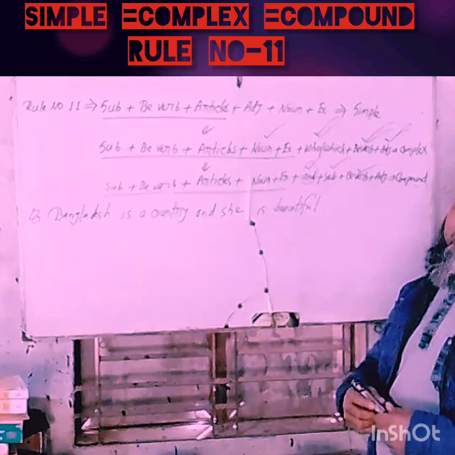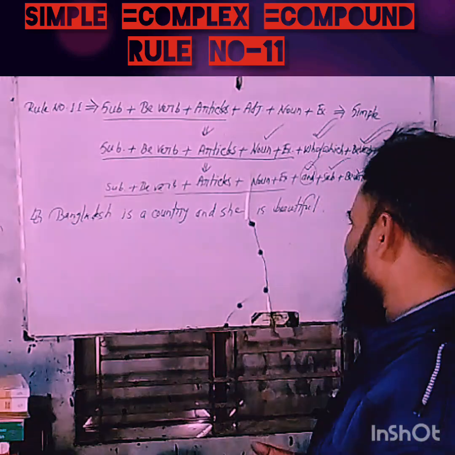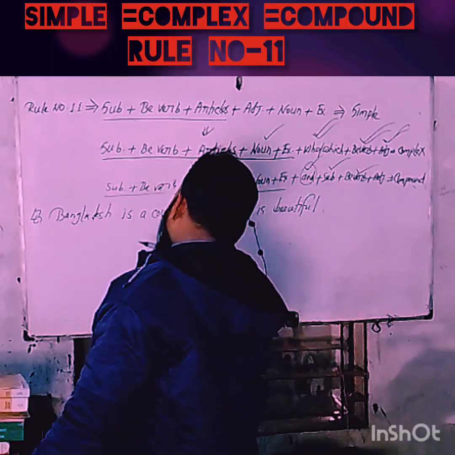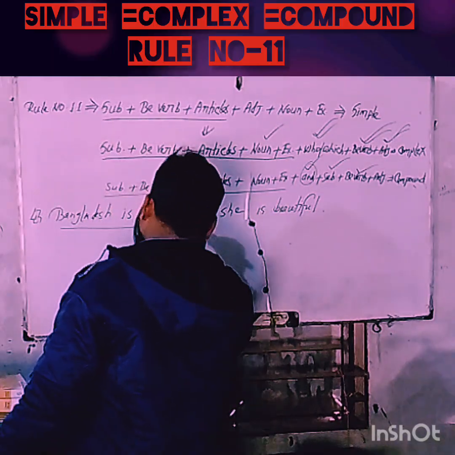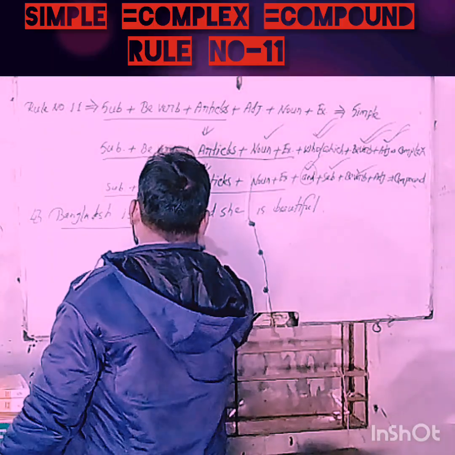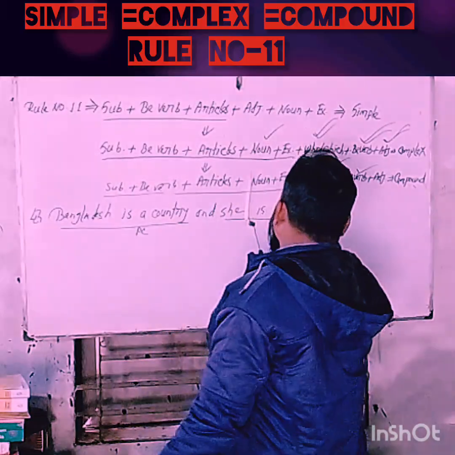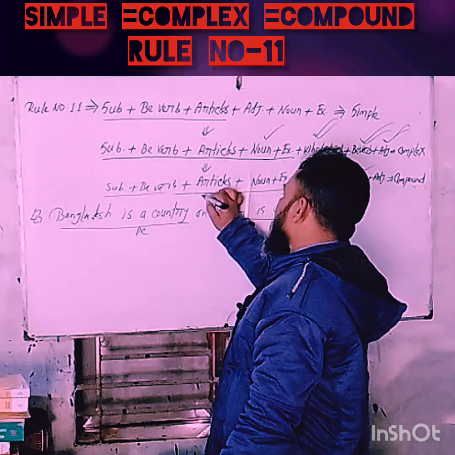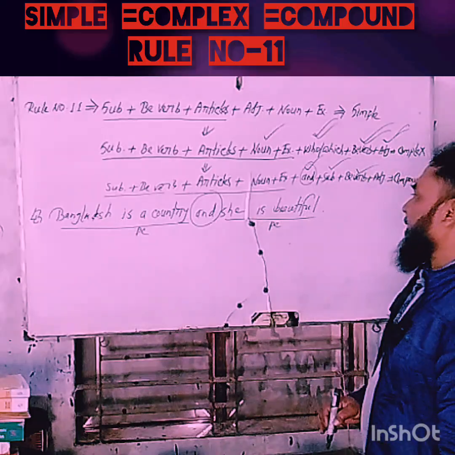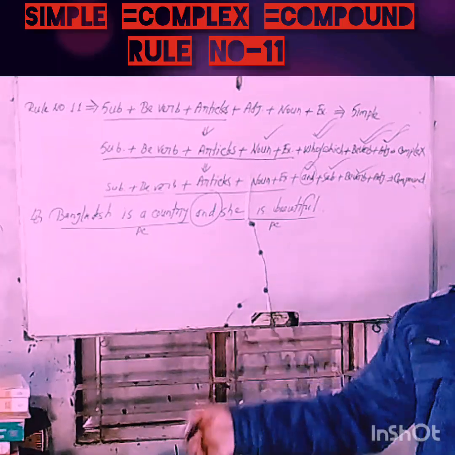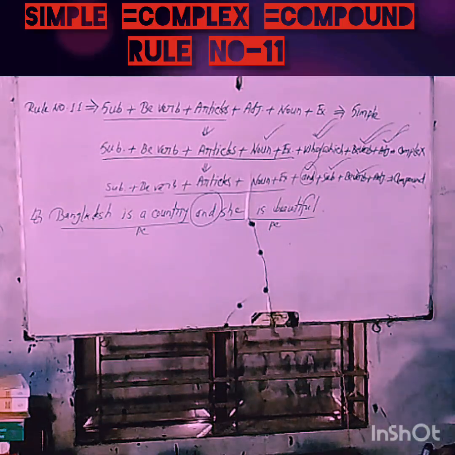Okay, learners, let's take a look at the board and try to understand. So this sentence has two principal clauses. Bangladesh is a country, and it is beautiful. This sentence has two principal clauses, which are joined together by a coordinate conjunction. So we can consider this sentence a compound sentence.